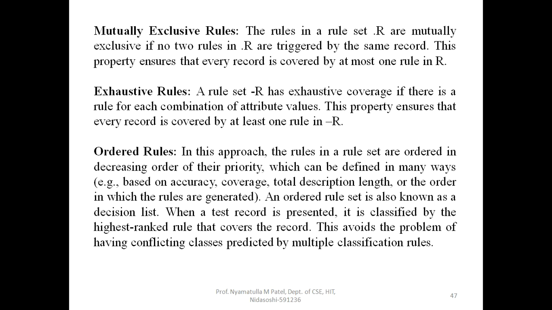So which rule can be given the highest priority and which the lowest? Priority can be given to a rule based on how accurate it is, how much coverage it is able to cover, the total description length of the rule, or the order in which the rules are generated.